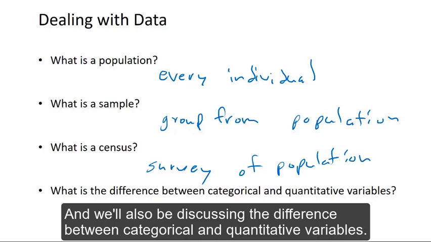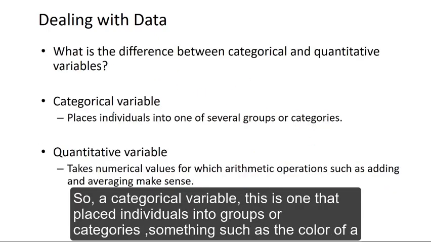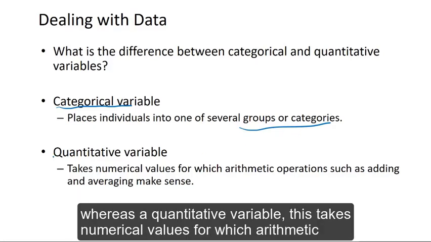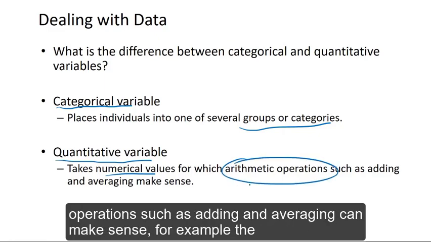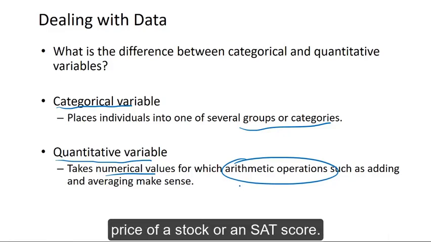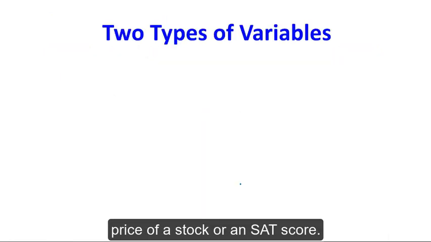And we'll also be discussing the difference between categorical and quantitative variables. So a categorical variable is one that places individuals into groups or categories, something such as the color of a shoe. Whereas a quantitative variable takes numerical values for which arithmetic operations such as adding and averaging can make sense. For example, the price of a stock or an SAT score.